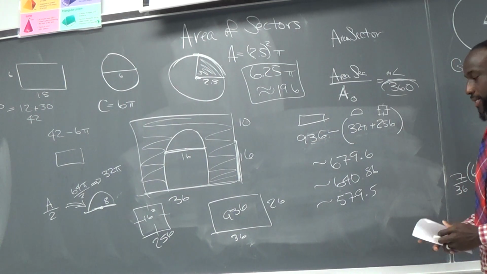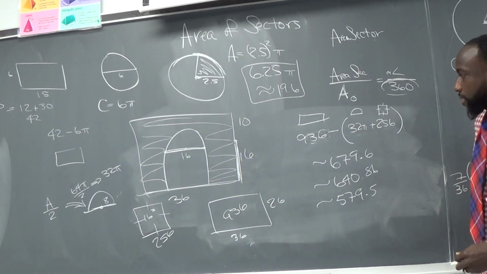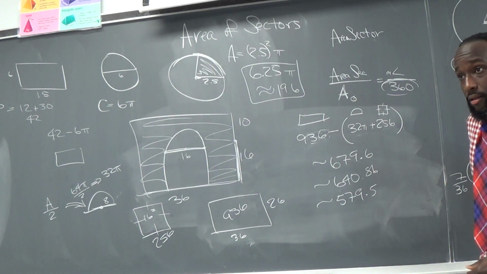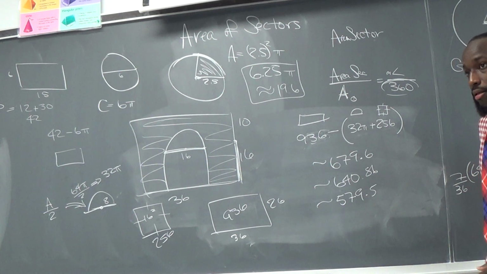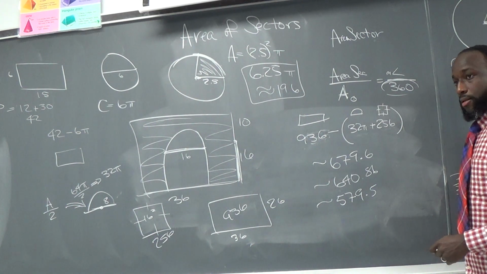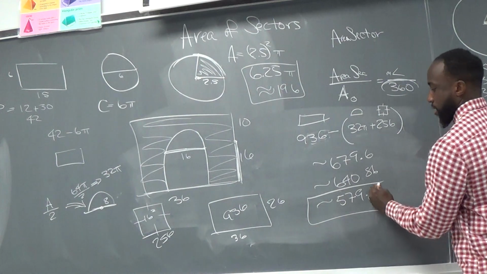My answer just changed. If you take out the 32 pi first, you get 680, and then you subtract 32 pi, and you get 579.5. Right. Okay.